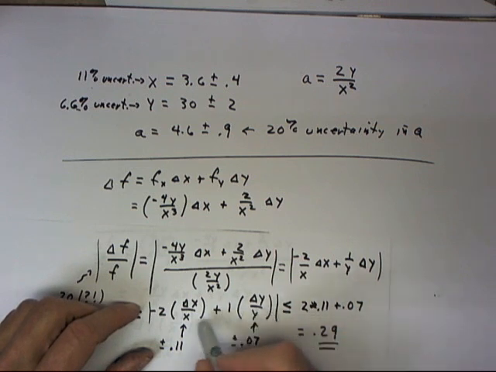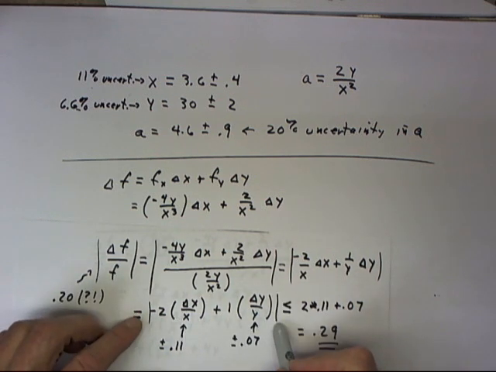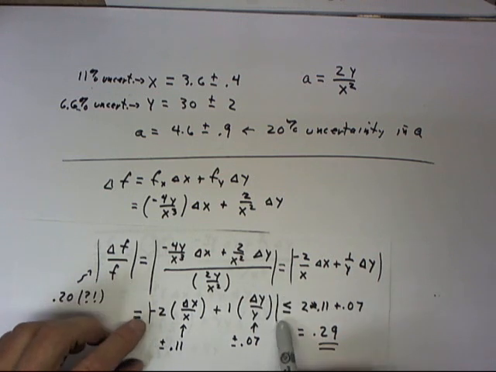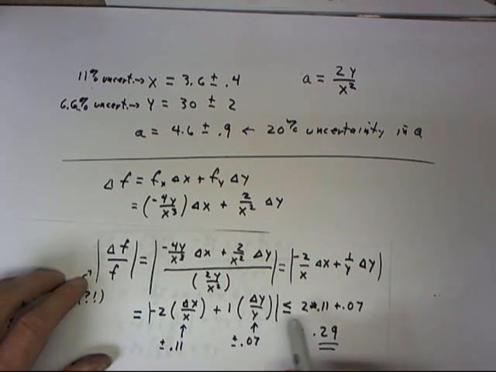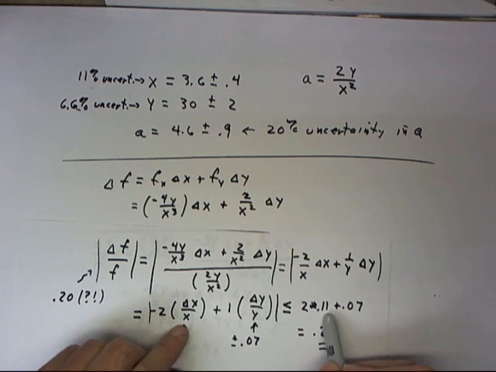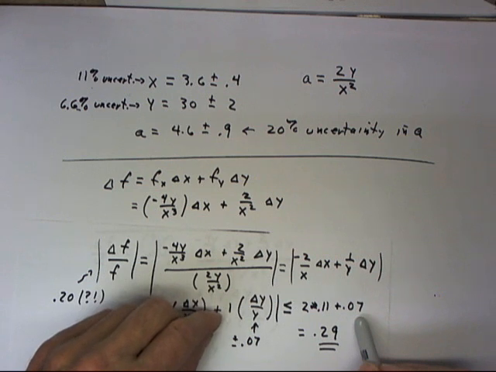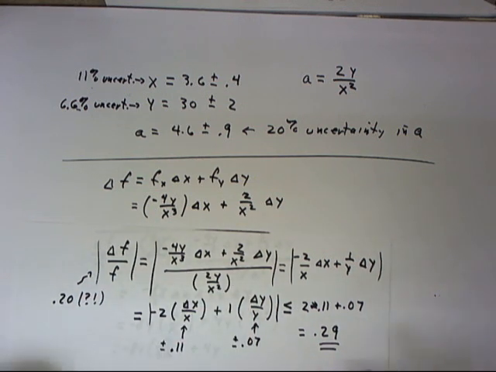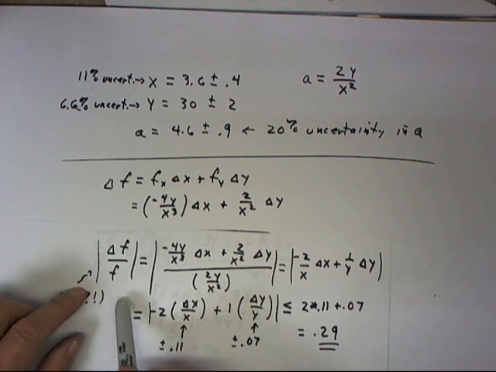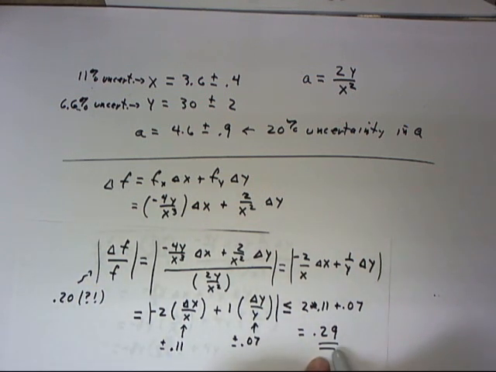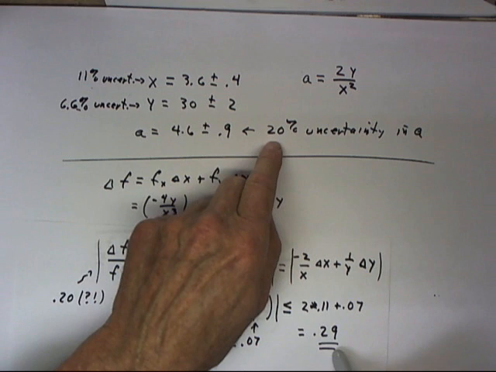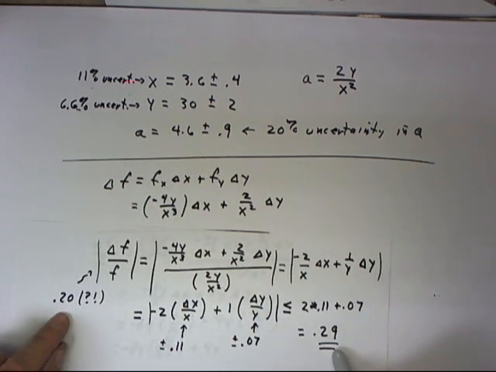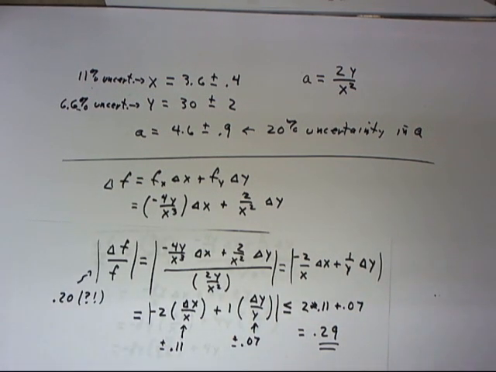And we'll see that whatever x, delta x, and delta y are here, this absolute value quantity cannot be larger than 2 times 0.11, which we'd get here with the negative delta x over x, plus the 0.07 we would get here with a positive delta y over y, telling us that our uncertainty appears to be 0.29, where my numbers came out with a 0.20. Now, I was doing mental arithmetic, but the arithmetic was not that difficult. Not sure where I went wrong, but I'm going to leave that in your hands.